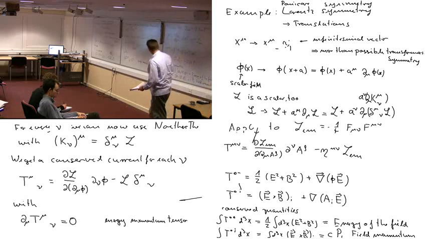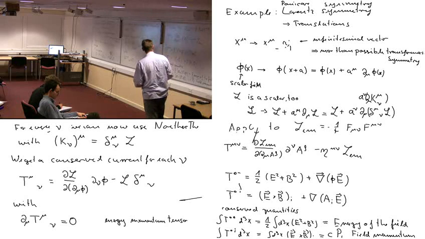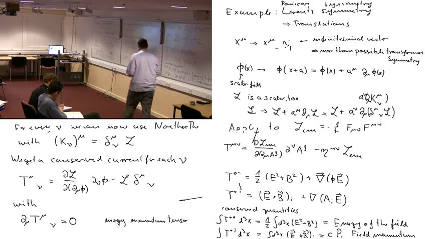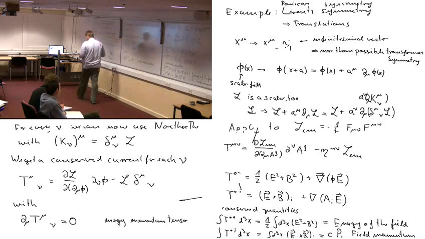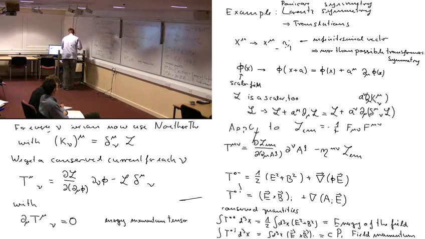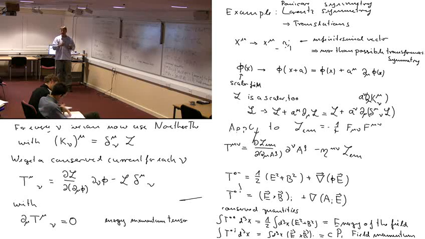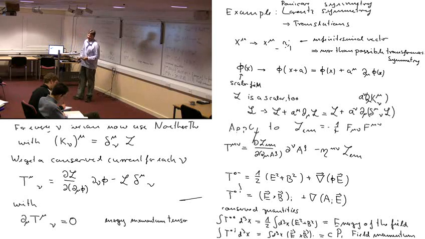So an electromagnetic field configuration carries a momentum, which is given first in terms of this energy momentum tensor, but then you can say it's simply the integral over the Poynting vector. If you do the same thing for the rotations and the boosts, you get the analog of angular momentum conservation and an appropriate conserved current.